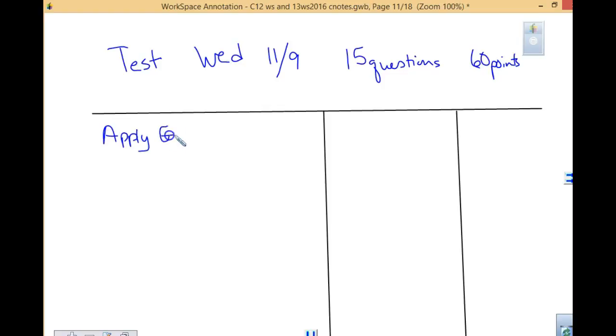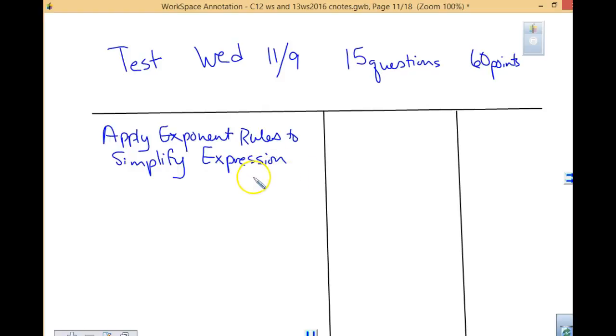I can apply exponent rules or properties to simplify. That's what our whole first quiz was on when we had that 50-point quiz a couple weeks ago, where you had to simplify with exponents. So simplifying the expression. If I was looking at your homework that you were doing, this is really when I look at C13, C14, that's what you were doing.